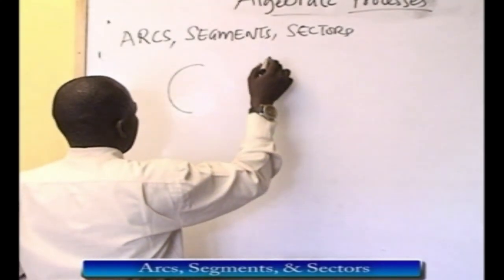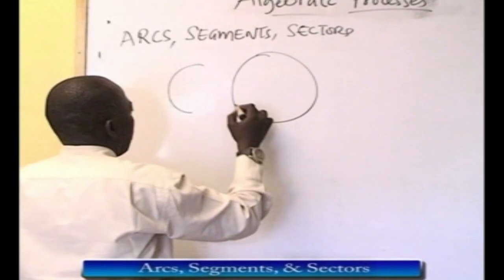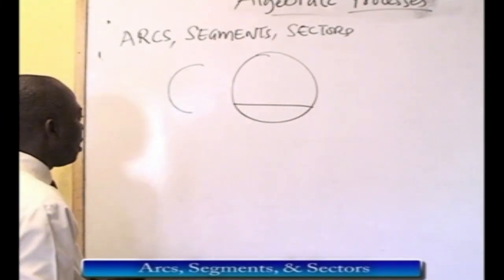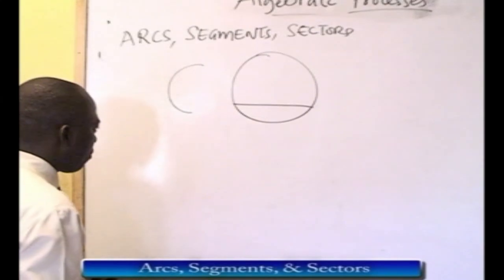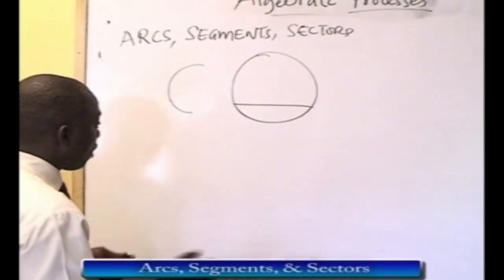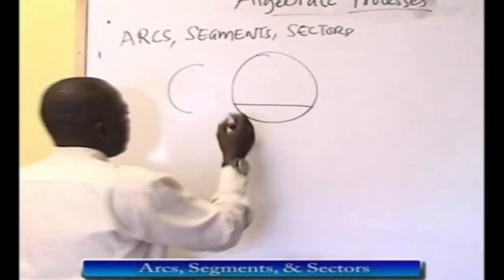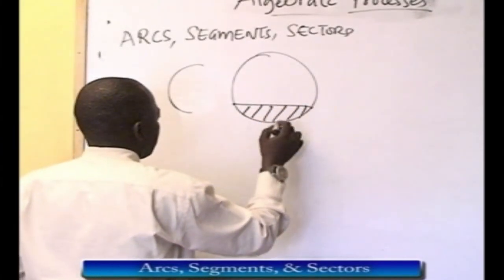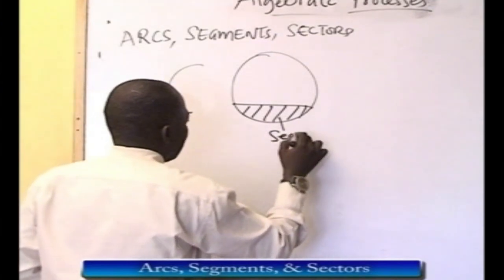Again, if you draw a circle and you draw a line that is joining the circle at two different points, and it's not passing through, it may pass through the center of the circle, it may not. This shaded portion is what is referred to as a segment.